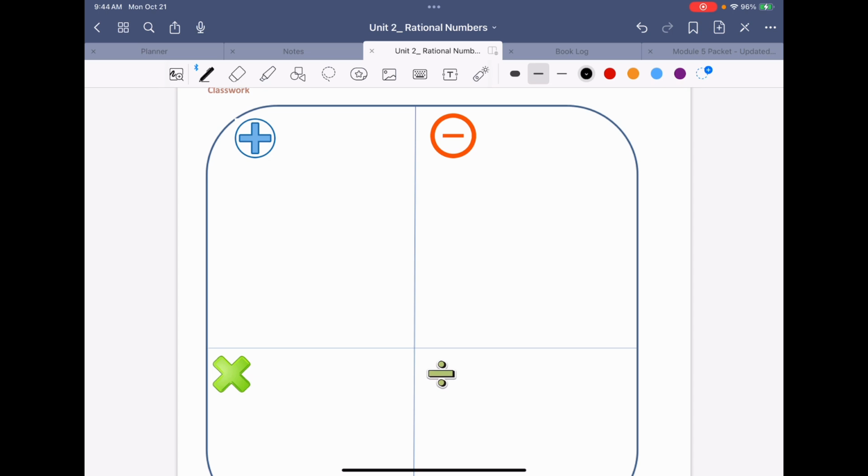In the first box of addition, we're going to just write our rule. So the first step we're going to do is add the absolute values of our numbers.